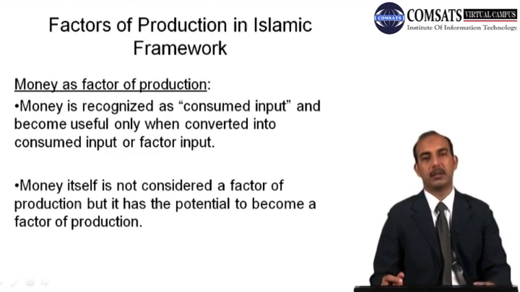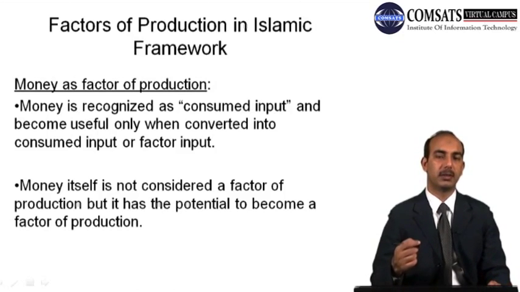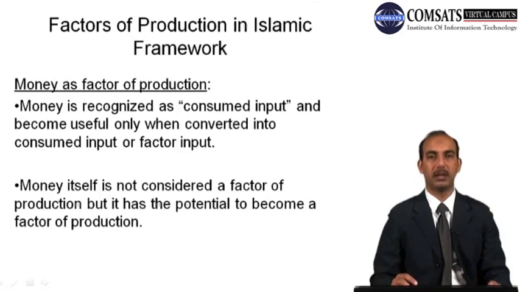And money is the main difference between the conventional economic system and the Islamic economic system. Under conventional factors of production, money is part of capital and it is taken as a factor input. But in the Islamic economic system, money or all the monetary resources are not taken as a factor input.